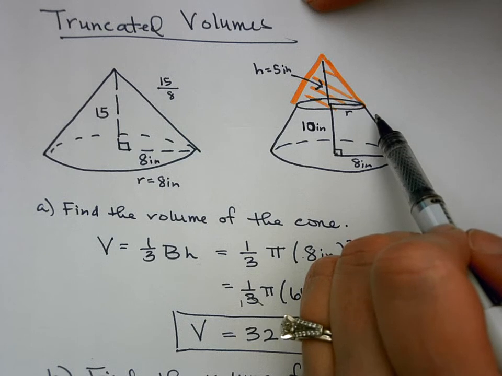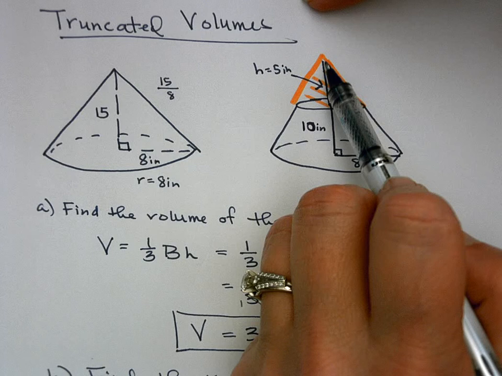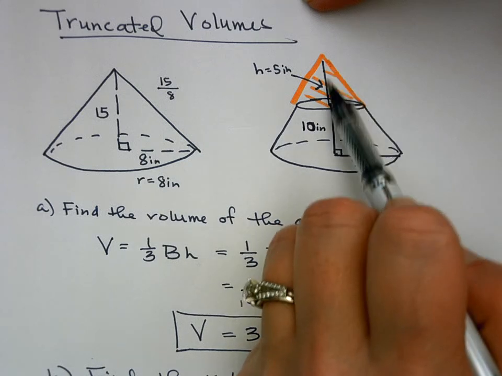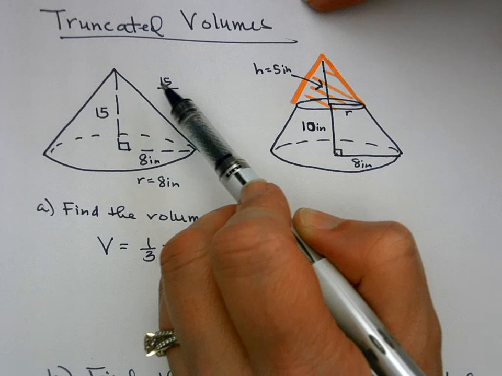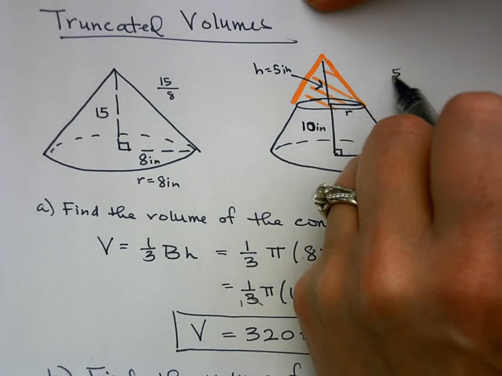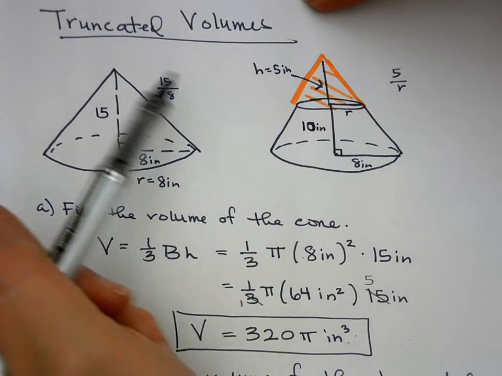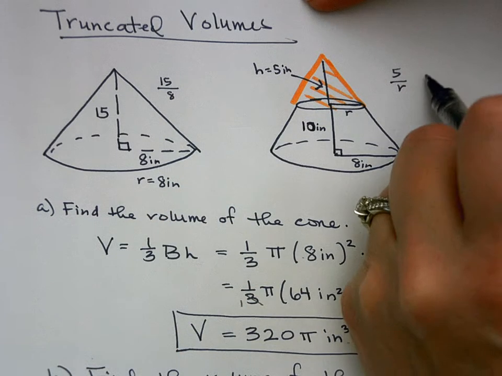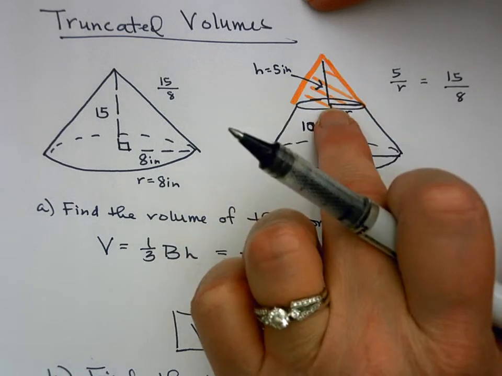This is from last year. So 15 is to 8 as 5 is to R, right? So similar triangles. So the height of this triangle compared to the radius. So in this case, it's 5 is to R, right? So 5 is to R as 15 is to 8. And I know that they are similar, so that means they are equal. So the height to the radius, the height to the radius.